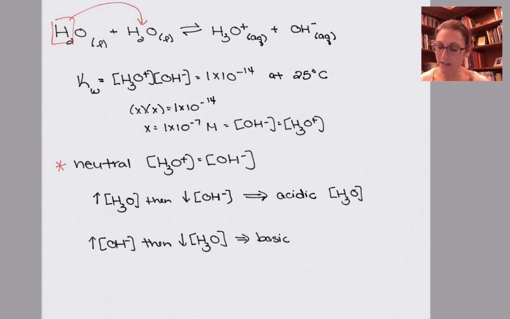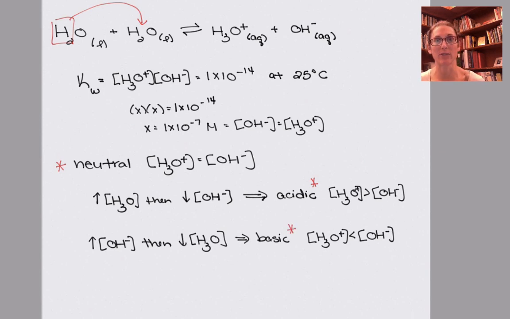So in an acidic solution, the concentration of hydronium ion will be greater than the concentration of hydroxide, while in a basic solution, the concentration of hydronium will be less than the concentration of hydroxide. And this is fundamentally what makes a solution acidic, basic, or neutral: the relative amounts of hydronium and hydroxide.